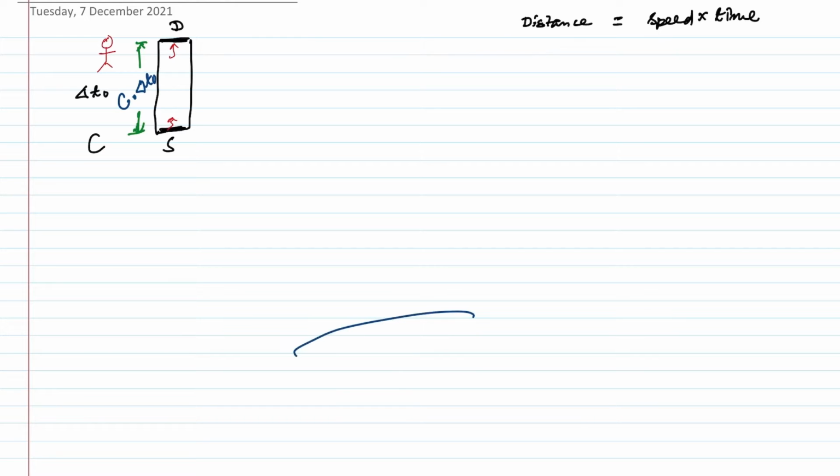Now for an observer on earth, here is an observer on earth, and this clock is moving in this direction, suppose with velocity v. Okay, so before this pulse of light reaches the detector, it moves like this.